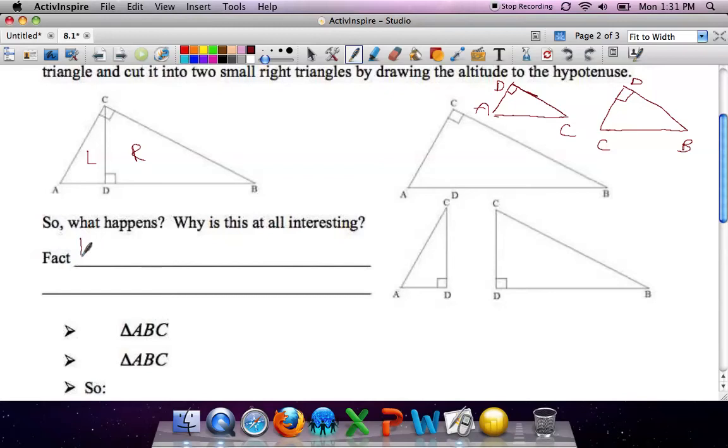The altitude creates three similar triangles.